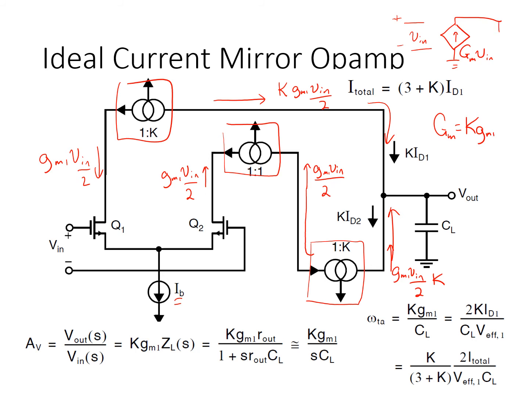And then that current is pushed into this output node here, where it sees the small signal output resistance of the op amp and of course any load cap CL, giving rise to the amplifier's single time constant response.